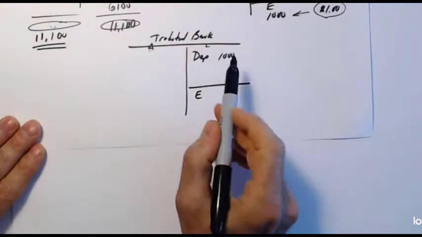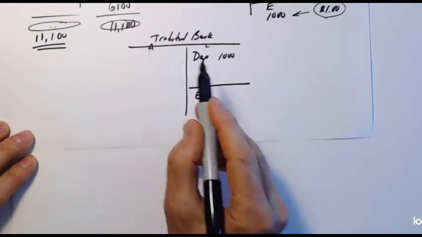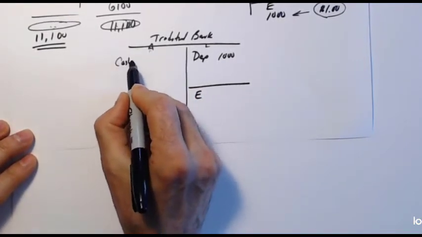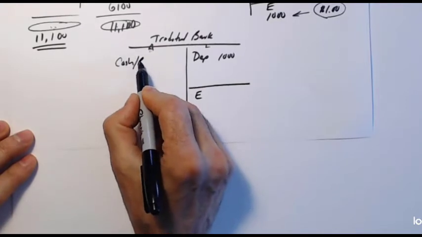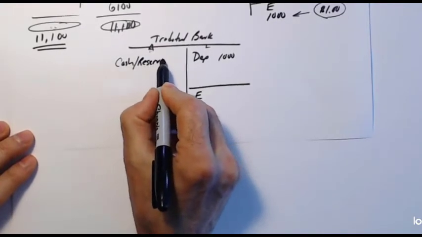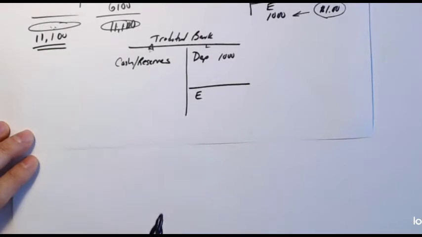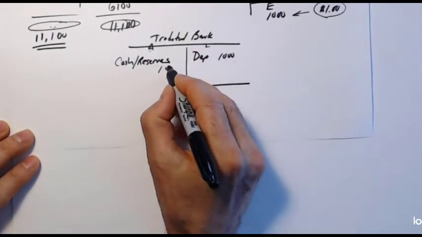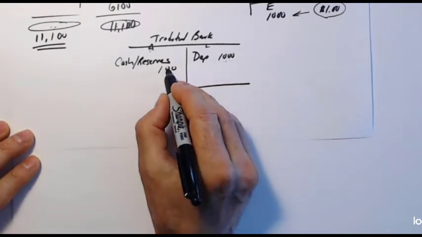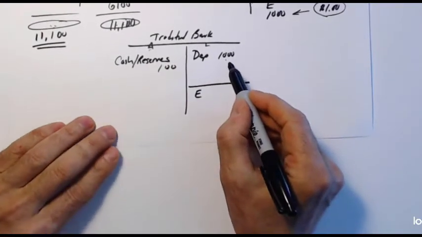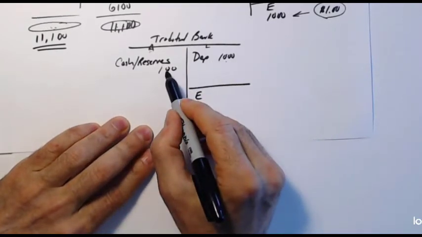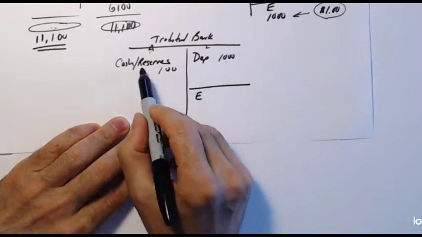Okay, so here we have deposits, and now a typical asset side of a balance sheet may look like this. It'll have what's called cash, and we'll often call it reserves. Cash and reserves are the same thing, and that'll be 10% of this deposit. In other words, every time you deposit $1 in a bank, 10 cents has to be held in the vault or on reserve.